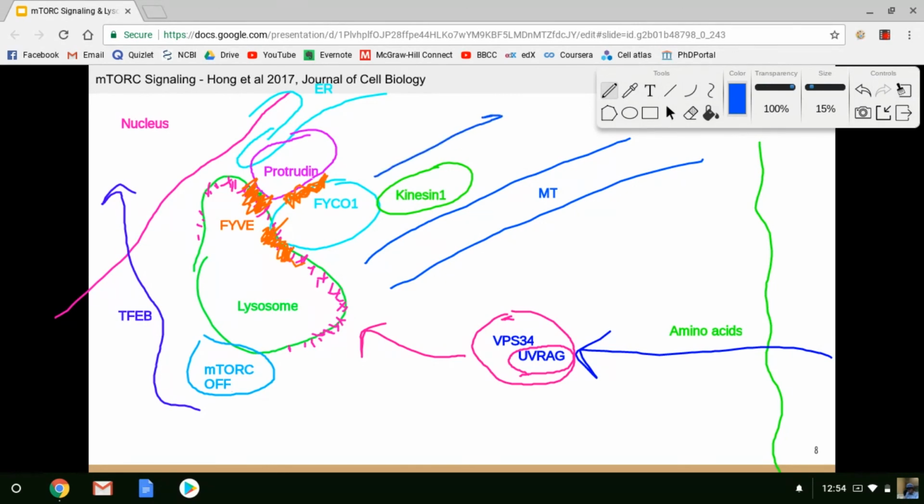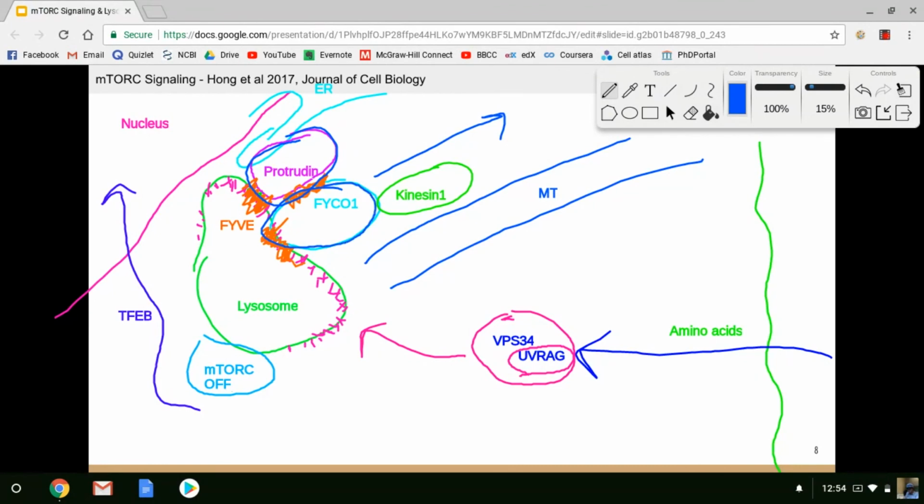So protrudin is functioning to recruit FICO1 to these ER-lysosomal contact sites, and FICO1 functions as an adapter to kinesin 1.